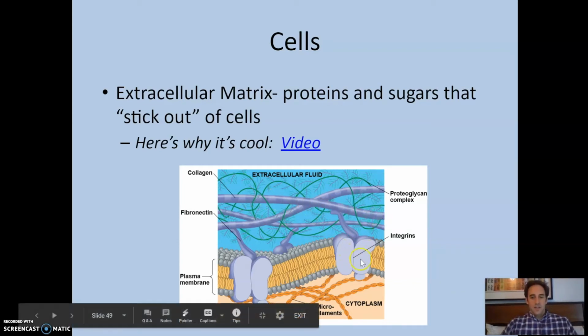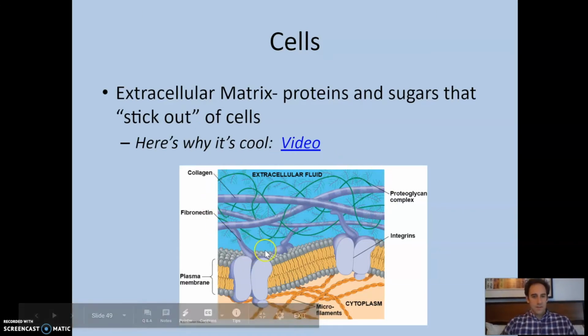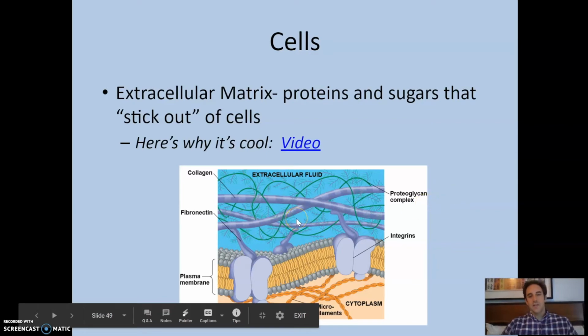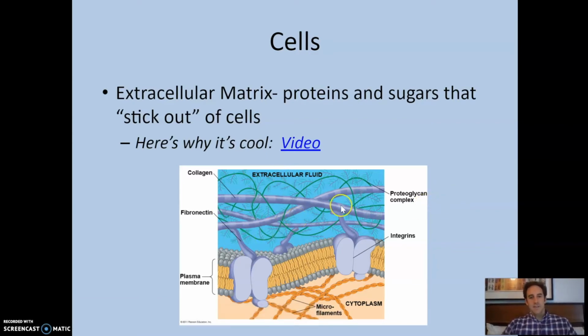And so you can see that there's proteins in the cell membrane that attach to that collagen and kind of hold that cell in place. And so all of these little proteins out here, there's sugar groups and all sorts of things, that's all called the extracellular matrix. It's that stuff that sticks out of the cells.